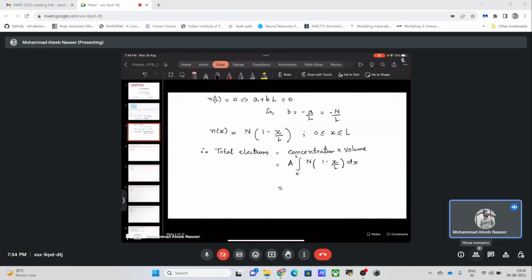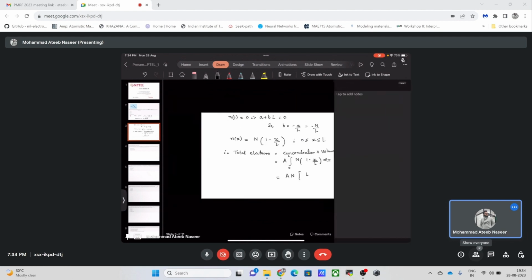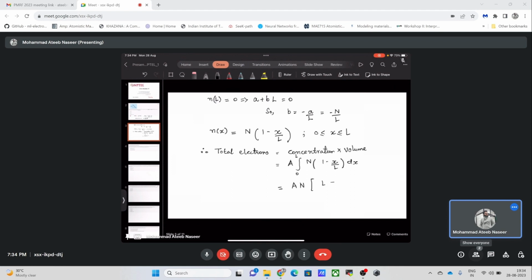So it simply is A times n. The integral of 1 is x between the limits 0 to L, so it is L. And for x it will be minus x squared by 2L between the upper and lower limits L and 0 respectively.